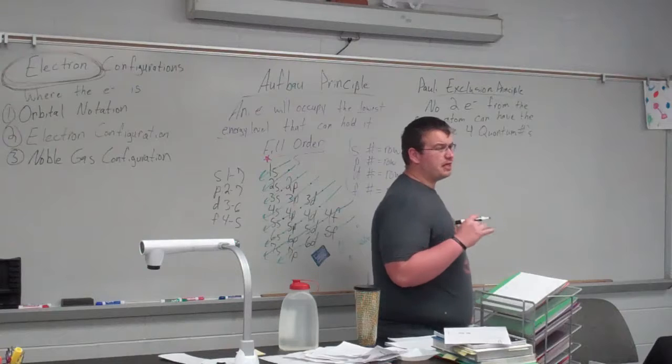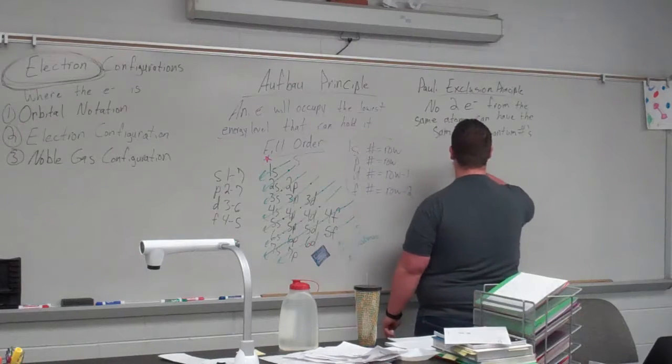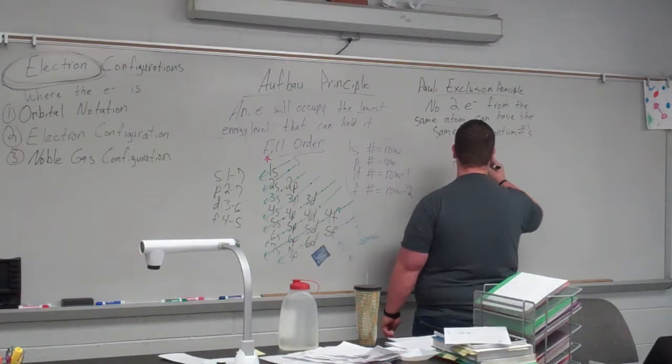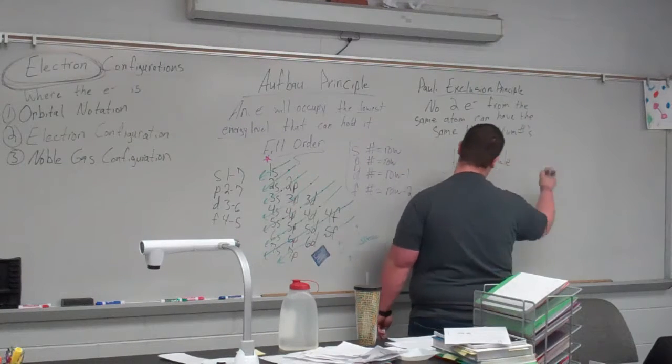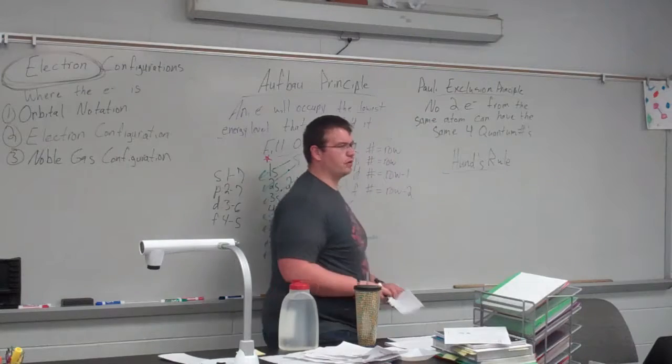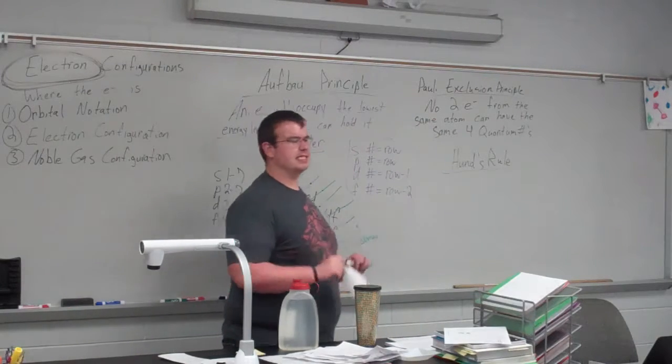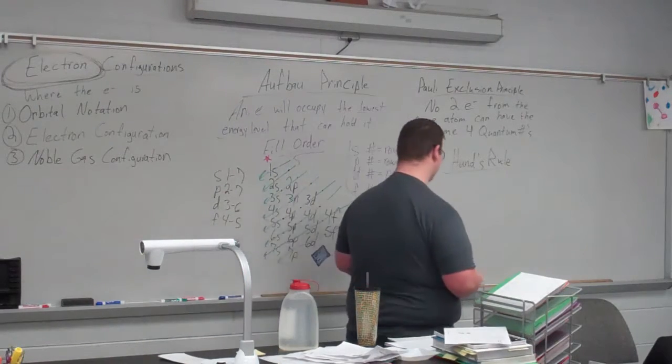And then the last rule we got to talk about is Hund's rule, which is the one that a lot of kids struggle with. And they forget it for some reason. Hund's rule is crucially important.